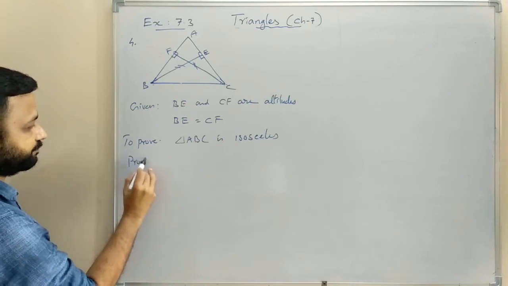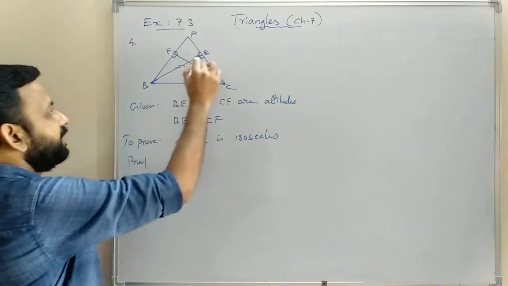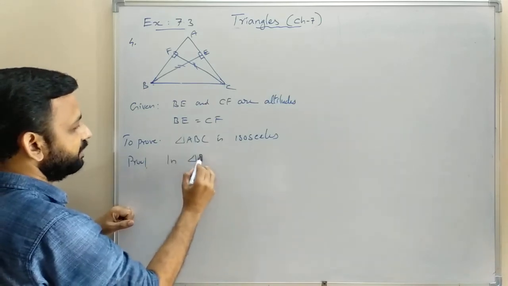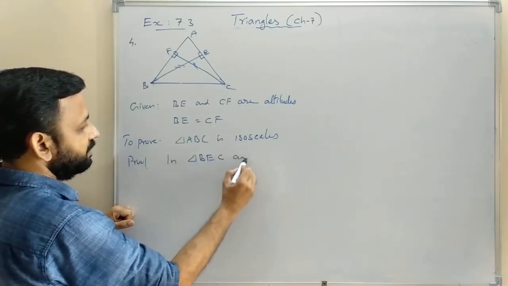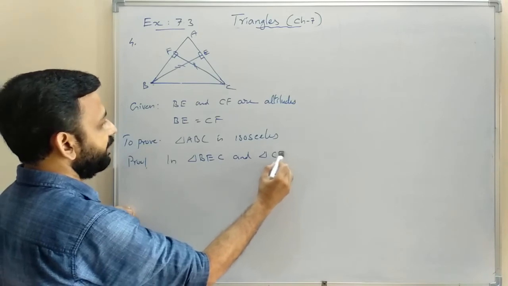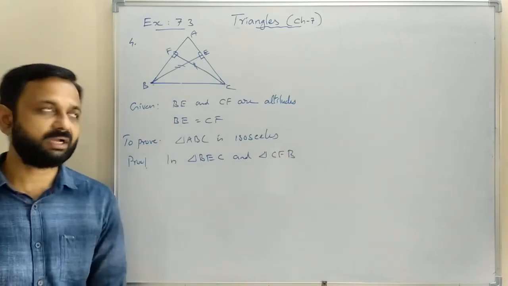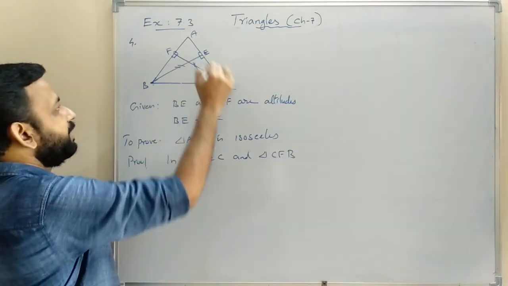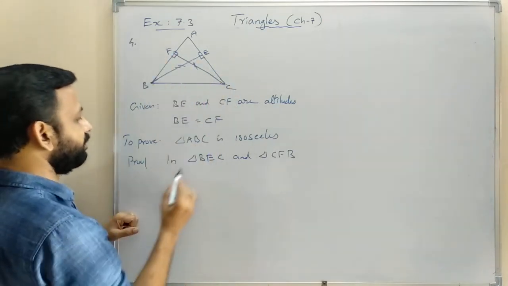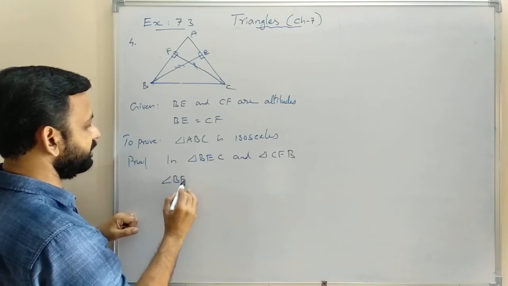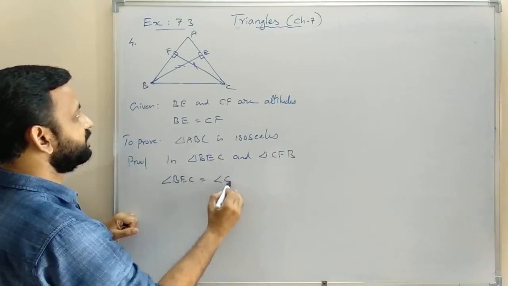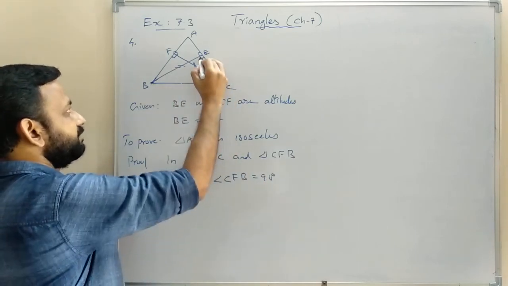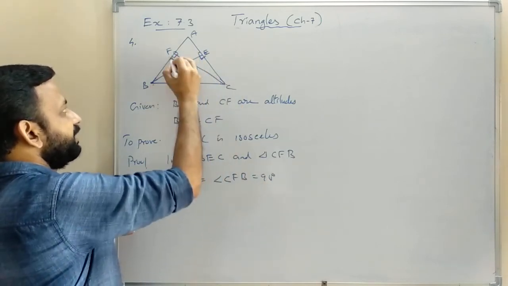Then proof. We will take triangle BEC and triangle CFB. Angle BEC equal to angle CFB equal to 90 degrees.